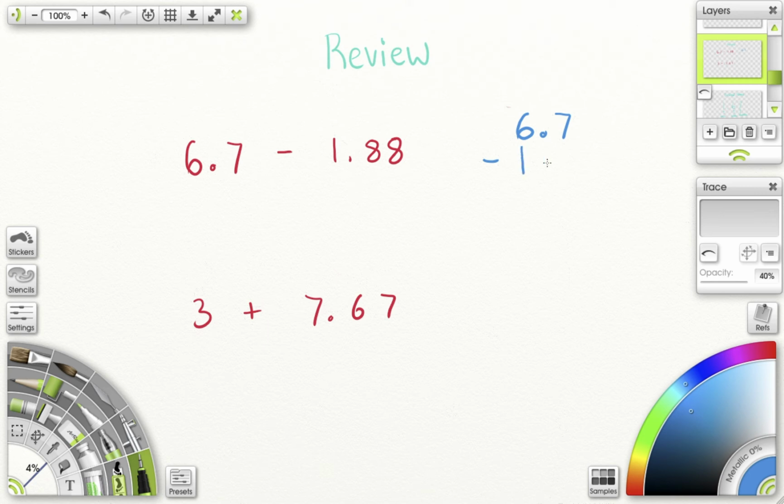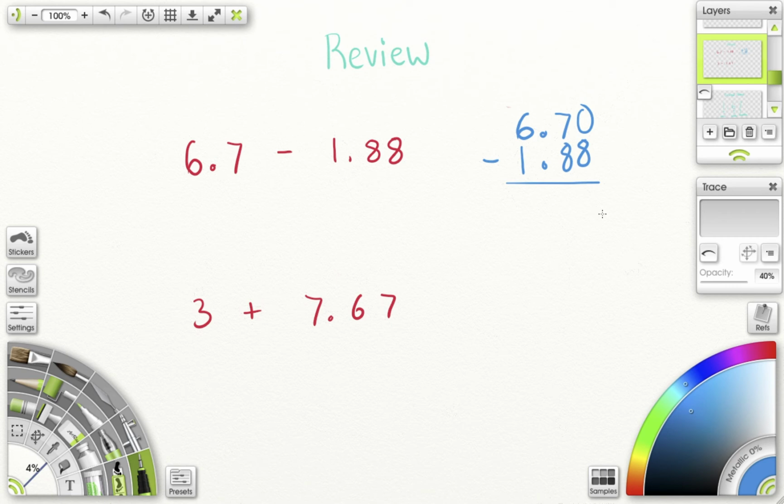So I put 1, I line up that decimal, 0.88. Now, when solving this problem, with my blank spot, I'm allowed to put a 0 in that place as a placeholder because it doesn't change the number, it doesn't change how the problem works. It's just a little bit easier than doing blank minus 8 versus 0 minus 8.